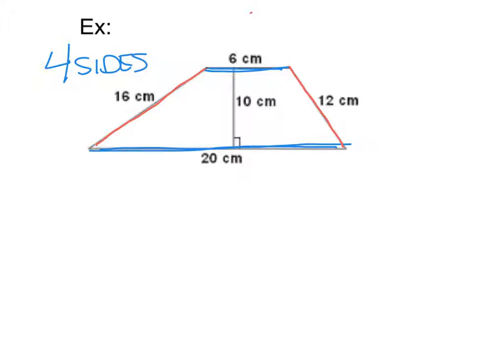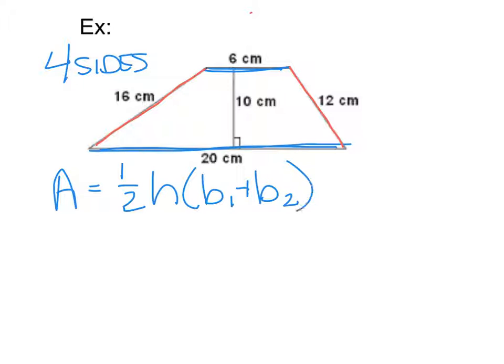So the formula for the area of a trapezoid, because the shape is more complicated than the rest, is more complicated than the rest. So we have area equals 1/2 times the height times the first base plus the second base. And remember, we used the subscripts before when we did the slope formula, and this just means the first base and the second base, just so that we can call them both B without having to use different letters.